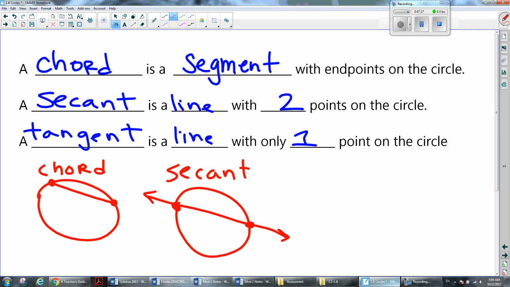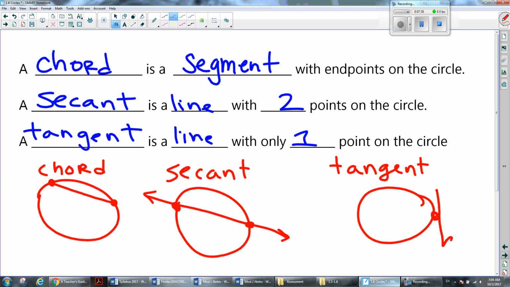And a tangent is a line with only 1 point on the circle. So those would be helpful sketches to throw right in your vocab notebook.